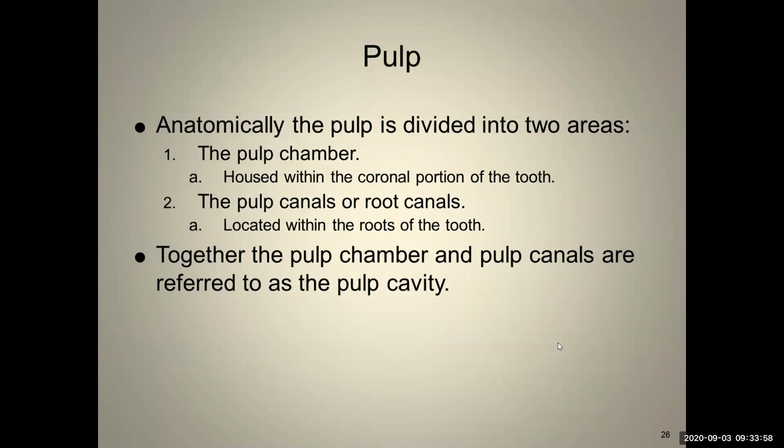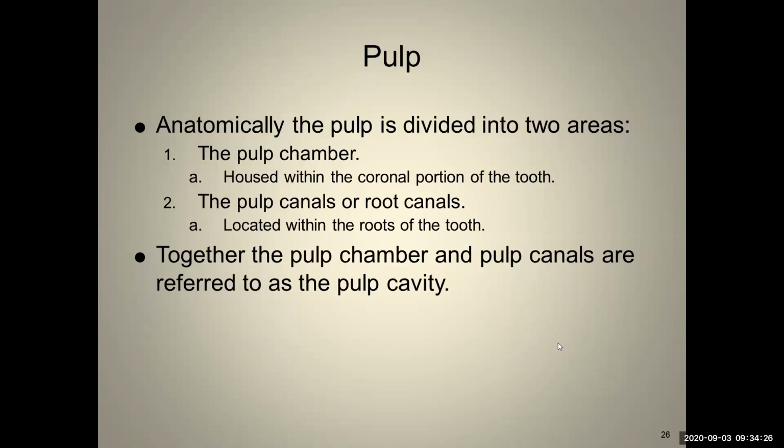Anatomically, the pulp is divided into two areas. You've got your pulp chamber and then your pulp canals. The pulp chamber is housed within the coronal portion of the tooth. The enamel portion of the tooth, the part that's sticking up above the gum line, is the coronal portion towards the crown. The pulp canals, or the root canals, are located within the roots of the tooth, where the cementum is covering.